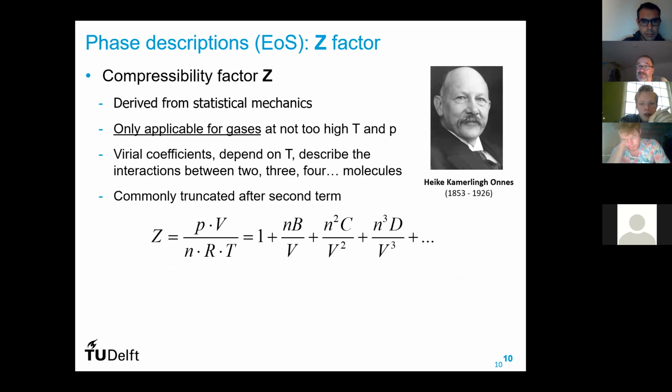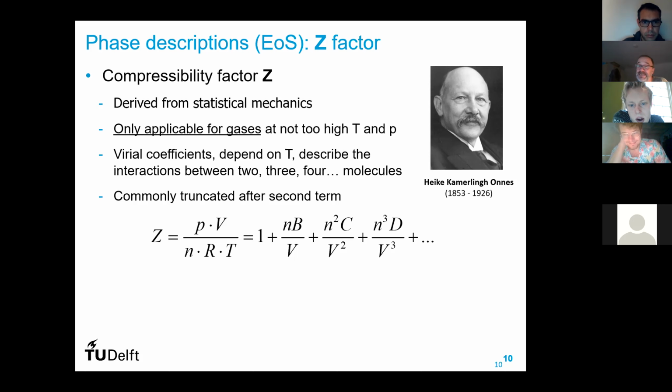But one interesting story about Onnes is that he was teaching in Delft for a couple of years, actually 1881, 1882. At that time, Delft was a polytechnic, it wasn't yet a university, but he was teaching maybe in the same classes we have now, of course not in our building.